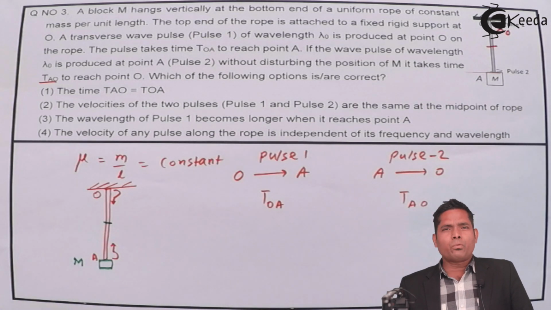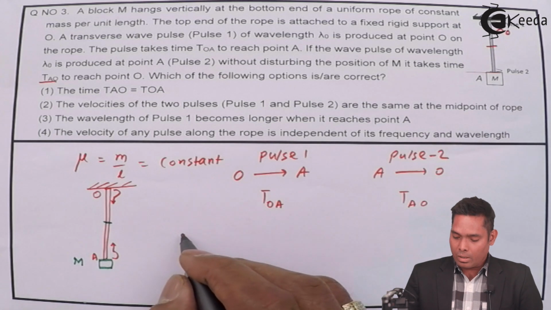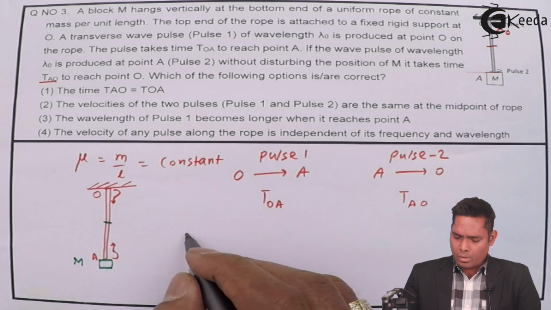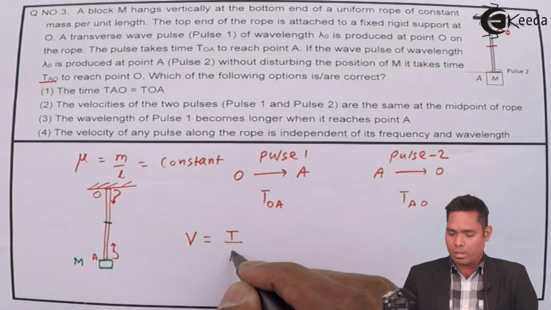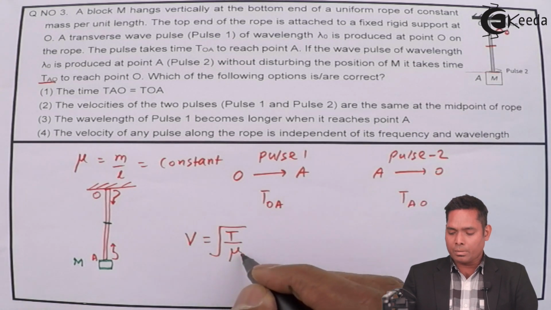Now we have to find the expression for velocity. Let us find the speed with which the pulse will travel along the length of the string. The velocity of a transverse wave is given by the square root of tension per mass per unit length, that is tension per linear density.